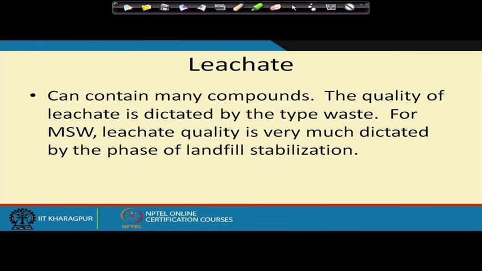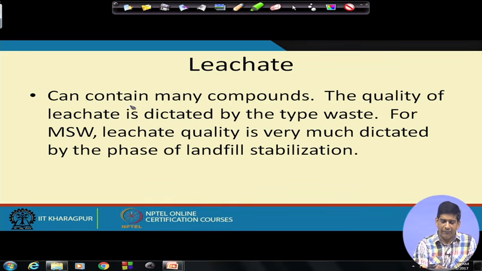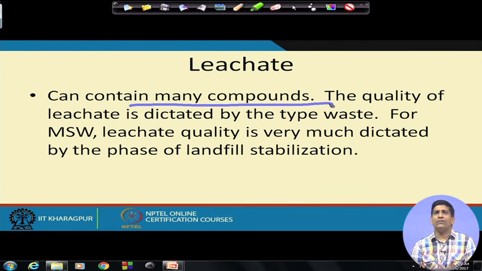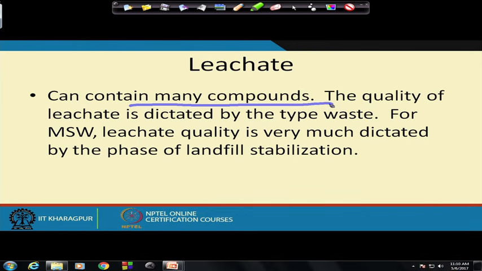So it can contain many compounds, as listed over here, and these depend on what type of garbage has been disposed there. If you are disposing a lot of industrial waste in the landfill, which has a lot of heavy metals and other things, then a lot of heavy metals may show up in the leachate.